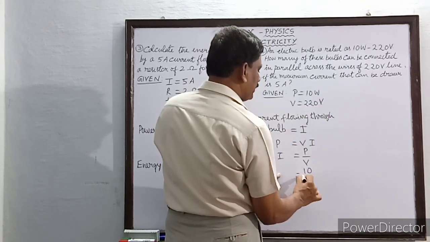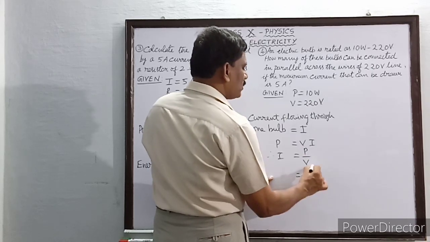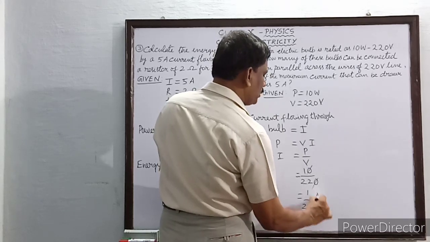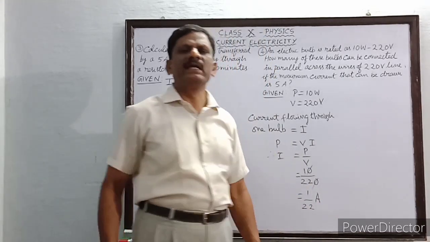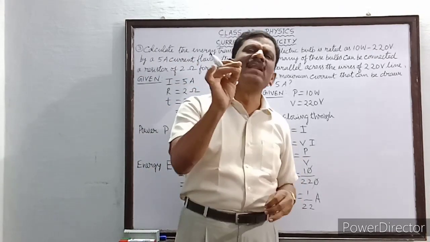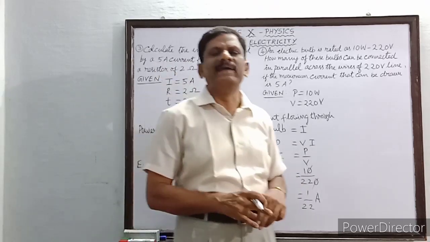So this is 10 divided by voltage 220. So 0 is getting cancelled, and therefore this is 1 by 22 ampere. 1 by 22 is a very small number, less than 1. So the bulb is consuming only a very feeble current.